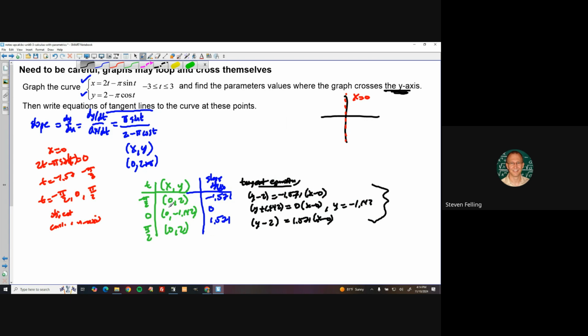So even though you're at the same location, you might have a different tangent line with a different slope. Okay, now I'm going to display what the graph is.